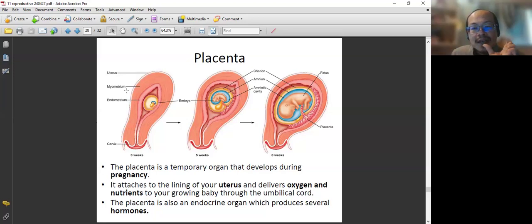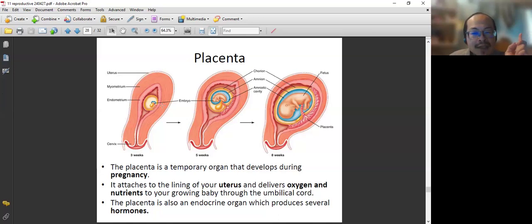So this placenta is a hybrid organ. This organ has cells from the mother. It also has cells from the baby. So this forms an interface, a very beautiful interaction between mother and the baby. So this is the placenta. Placenta is right here.